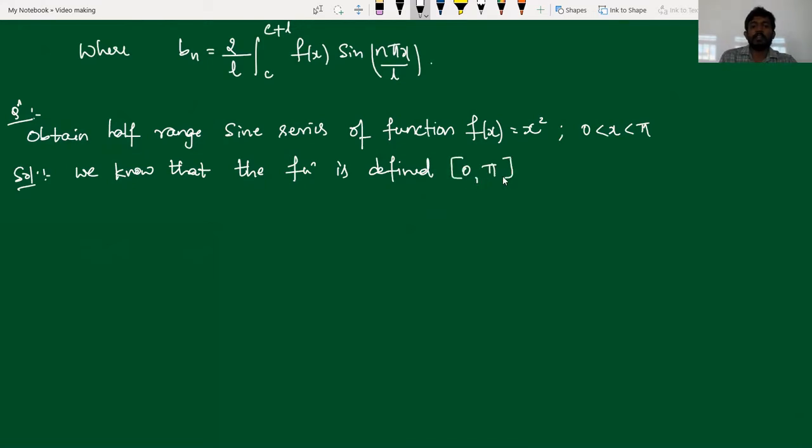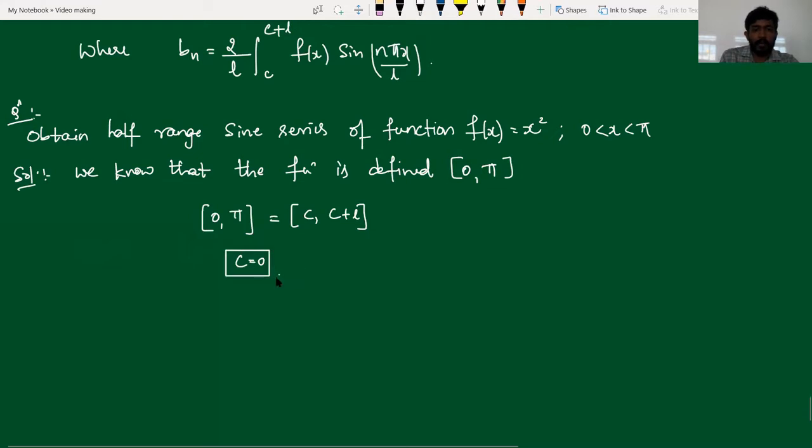But from the definition of the sine series, the interval is c to c plus L. Now I compare this given interval with the general interval. So by comparing 0, pi with the interval c to c plus L, in place of c we have 0. So in the general formula we have to substitute c is equal to 0, and the substitution for L we have to find out.